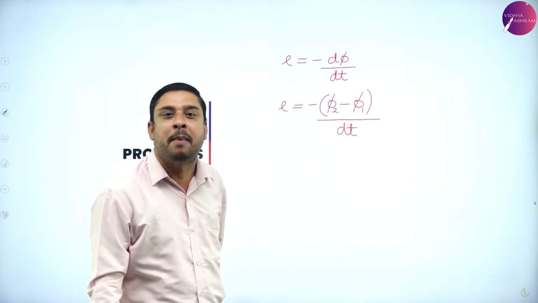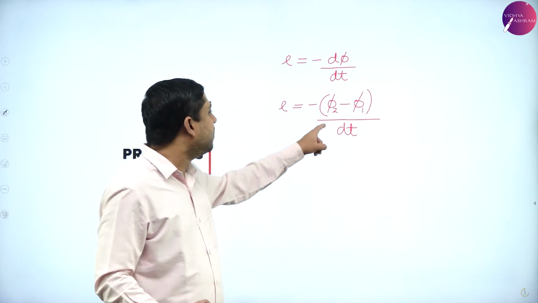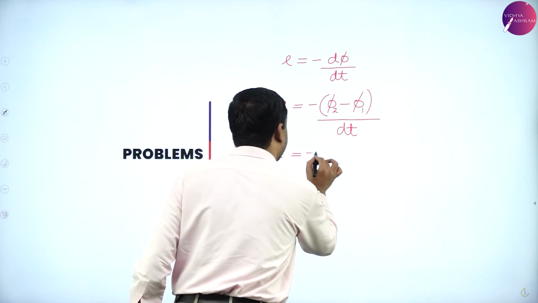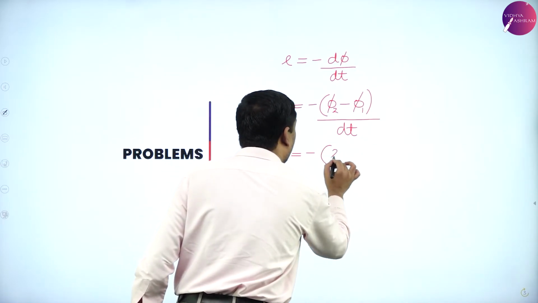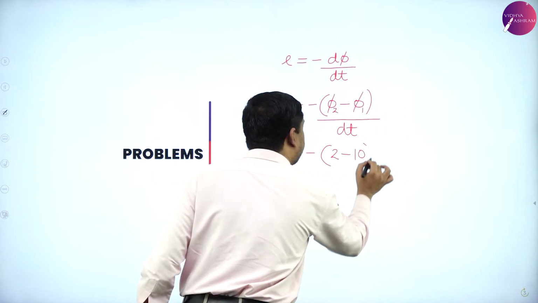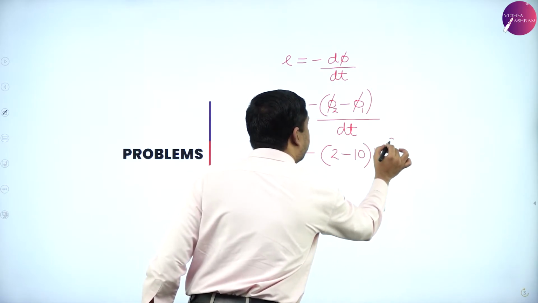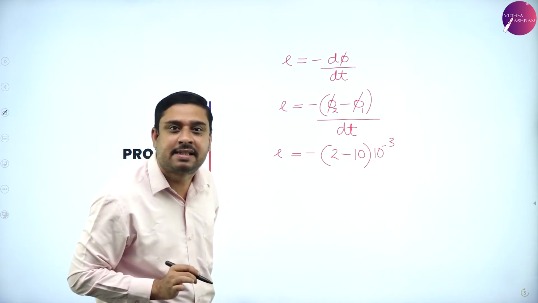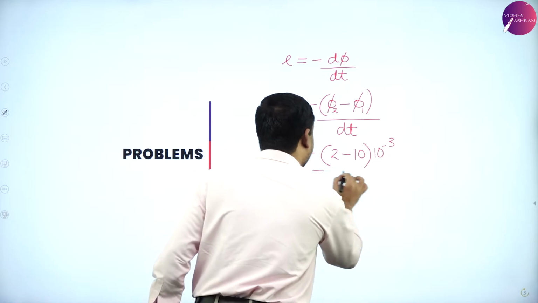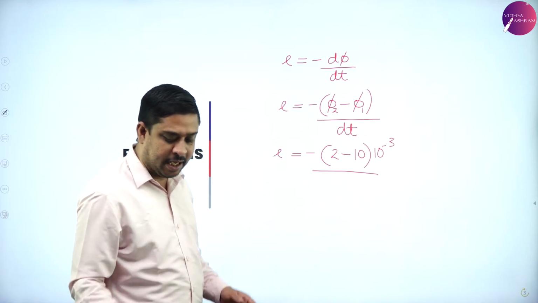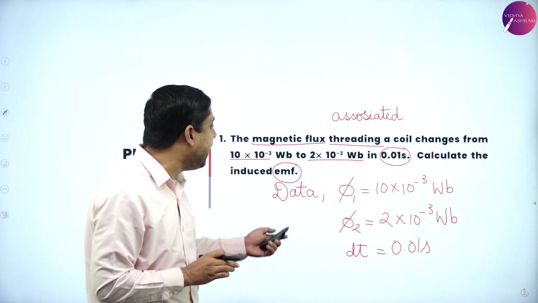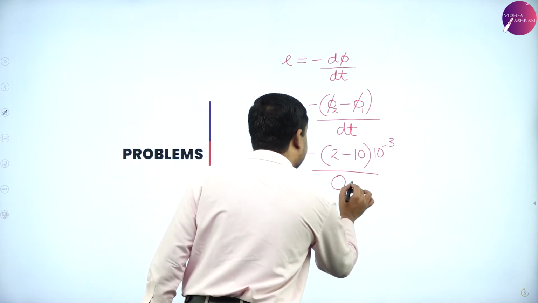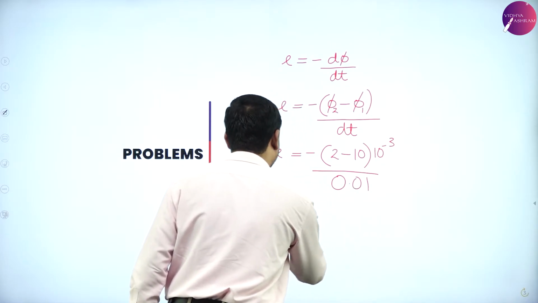Phi 2 minus phi 1 divided by dt, or E is minus 2 minus 10, 10 power minus 3 is common, milliweber, divided by dt. So how much is dt? 0.01. So dt is 0.01.